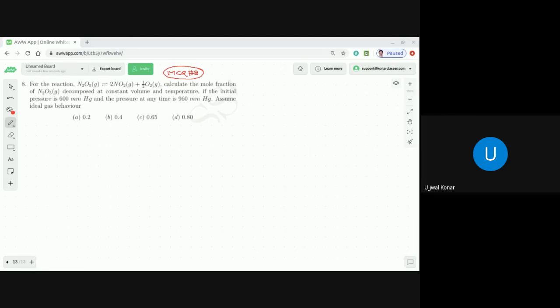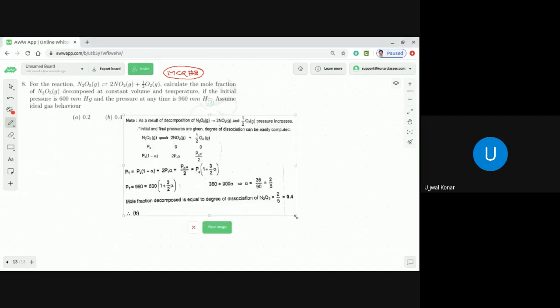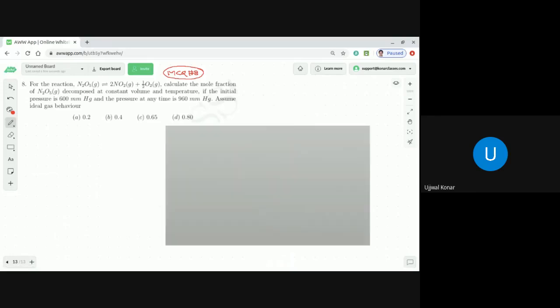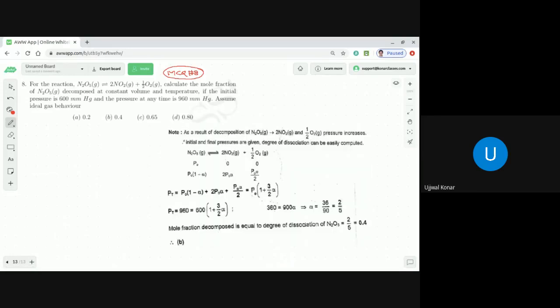Tejas, did you get option B or some other option? I got option B, sir. 0.4. Okay, good. Indeed, option B is correct. I hope you got it, dear students. All of you made it correct. So let me proceed to the next one, question number 9.